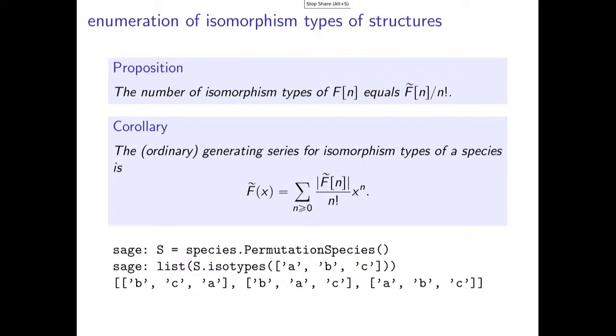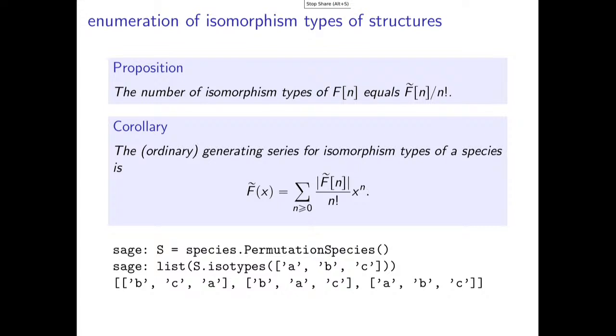And what's more interesting is you can also enumerate isomorphism types. So I defined this F tilde species before, though I didn't go much into it. The number of isomorphism types of a set of structures is just, you take the F tilde species instead and divide by n factorial.